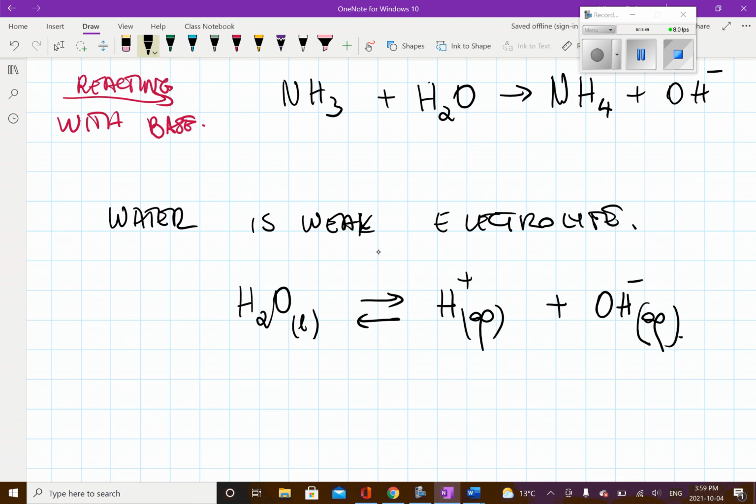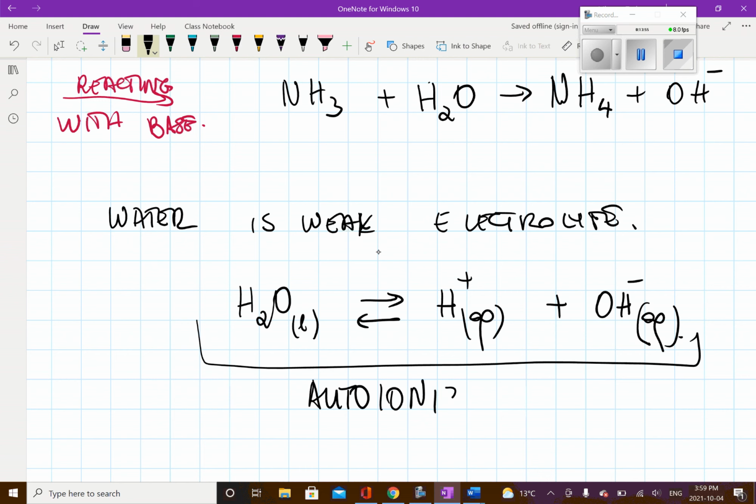Very often, this is known as the auto-ionization of water.